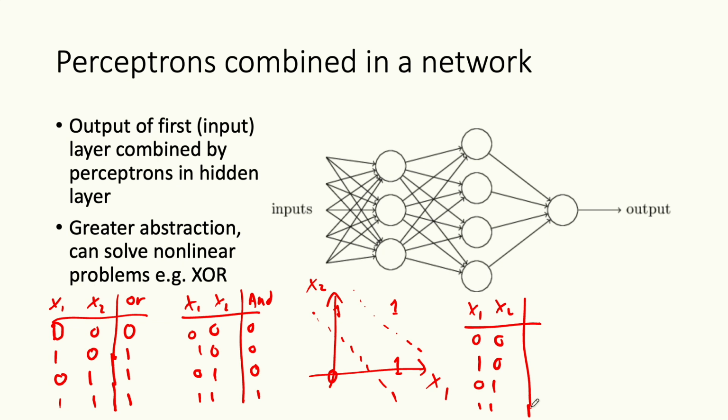So that means that 1 and 0 give you 1, 0 and 1 will give you 1, and the others will give you 0. So even 1, 1 will give you 0. So that means that you want a function that gives you 1 here and 1 here, but 0 here and 0 here. I think it's pretty clear there's no line that you can draw where one side of the line should be 1 and the other side of the line should be 0.